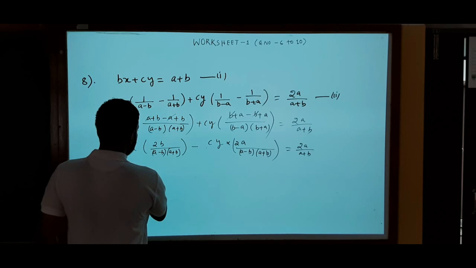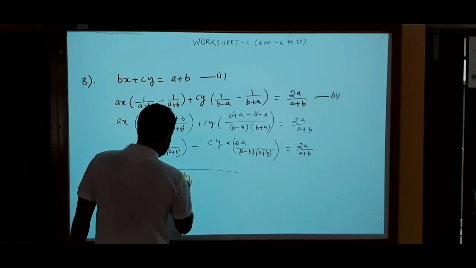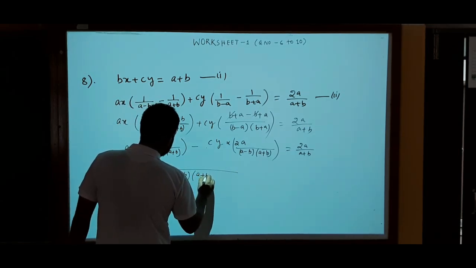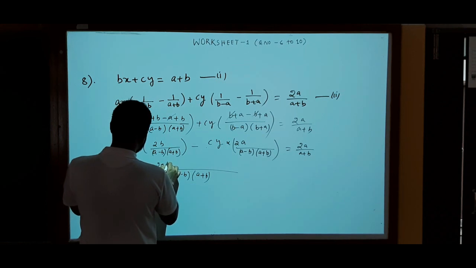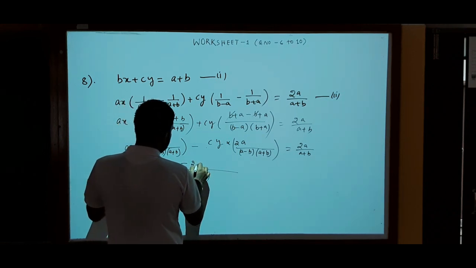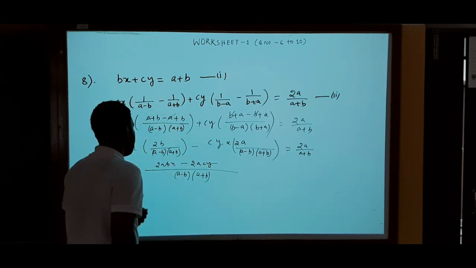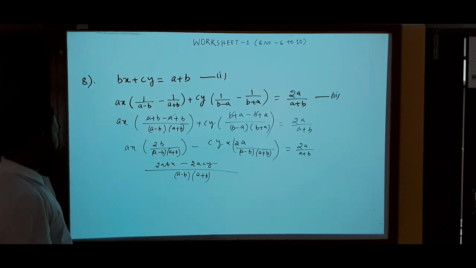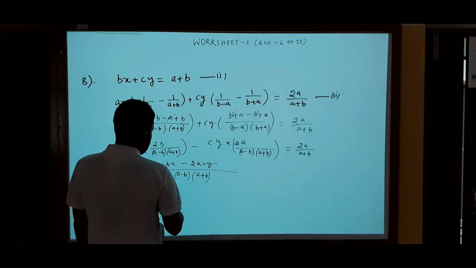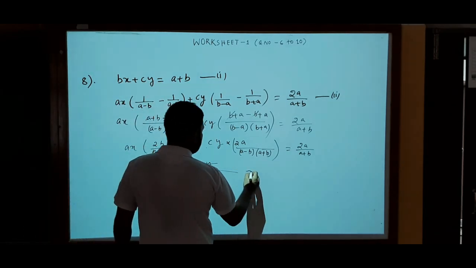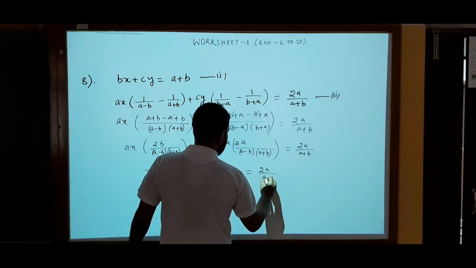Now check, a minus b and a plus b is LCM. I will subtract both the equations, so it will become 2abx and 2acy, right, equal to 2a upon a plus b.